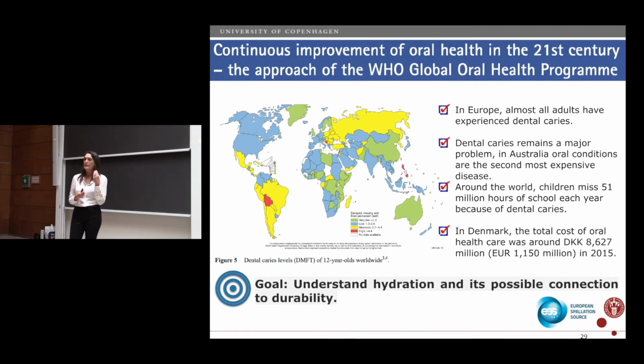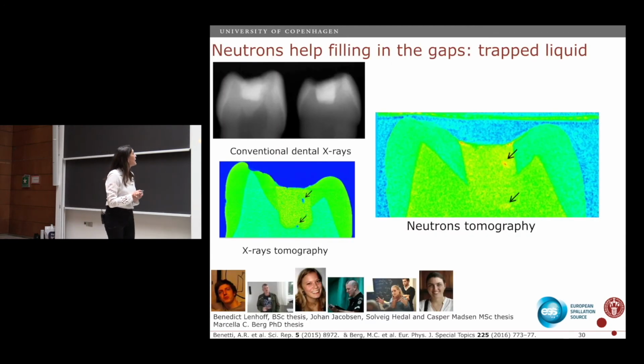Our filling cracks in the same way that the walls do, and all because we have this damp water that is moving. So here again, what we did is that we combined conventional dental X-rays with X-ray tomography and neutron tomography. And again, this is the beautiful picture that a dentist will see.